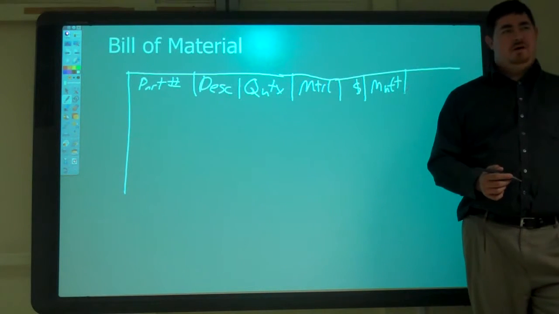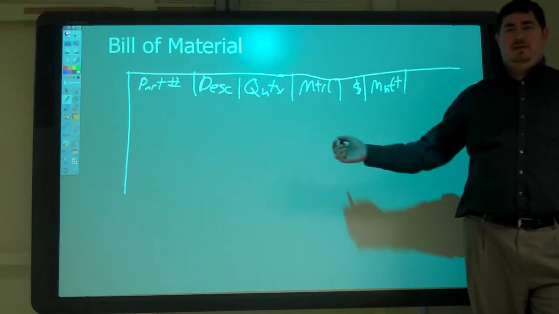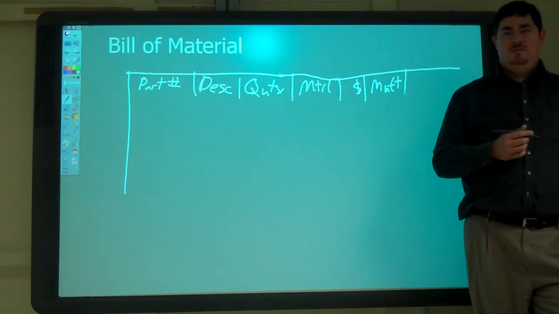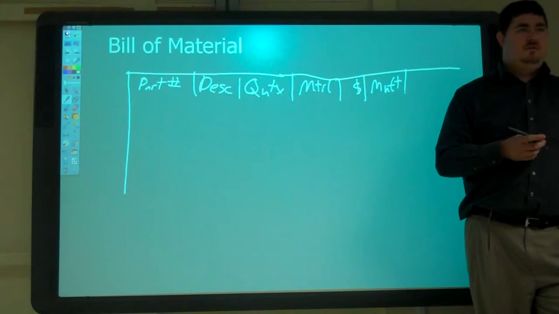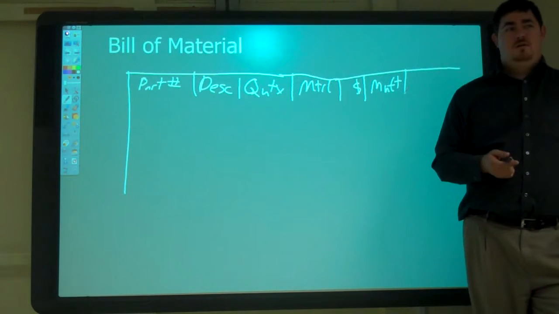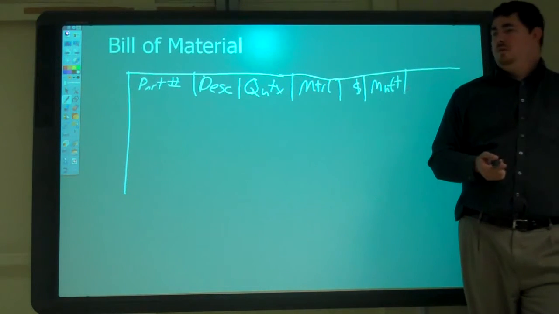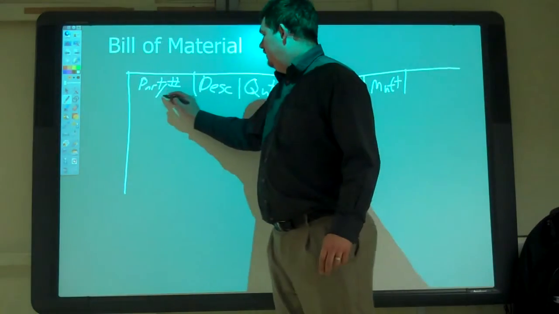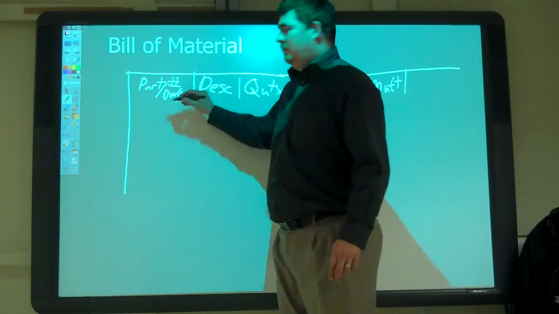What would be a good thing to know about something just to be able to look at it from a table? There's two more things I'm thinking about. Item number? That goes back to the part number. So maybe that's part or drawing number.